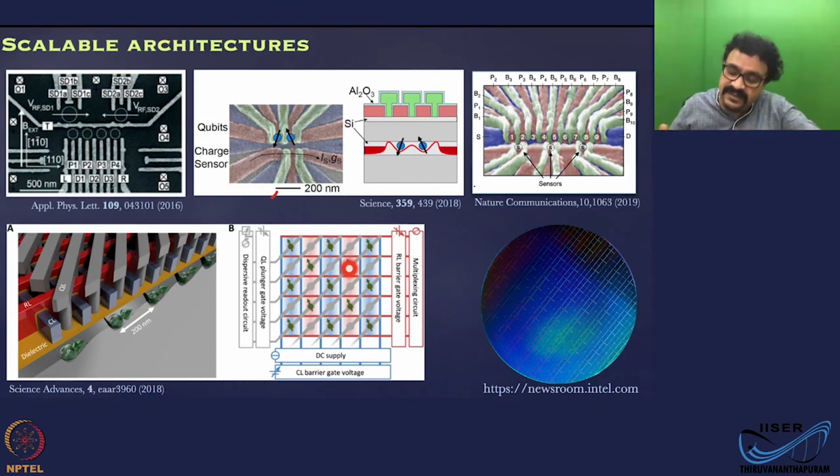I just want to summarize here that, finally, recently, Intel has come out with wafer scale production, a wafer full of qubits only, a large wafer. So that is the current status. It's a very fast evolving field, and what I have tried here is to give you an overview from the start to the current stage.